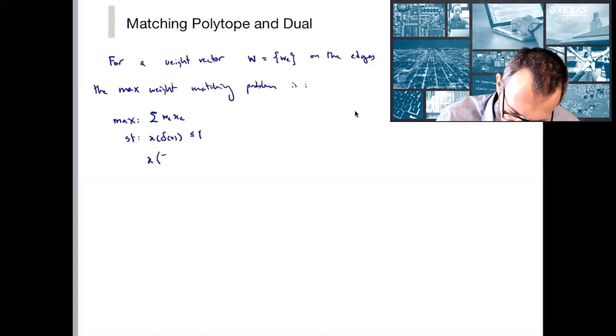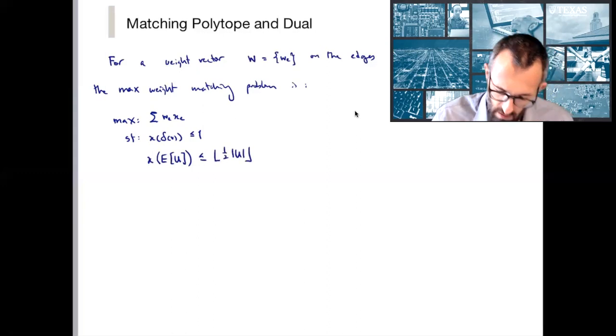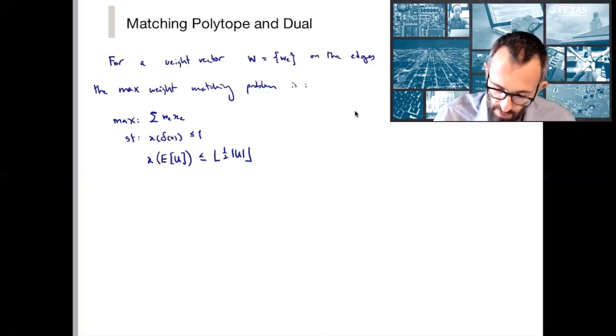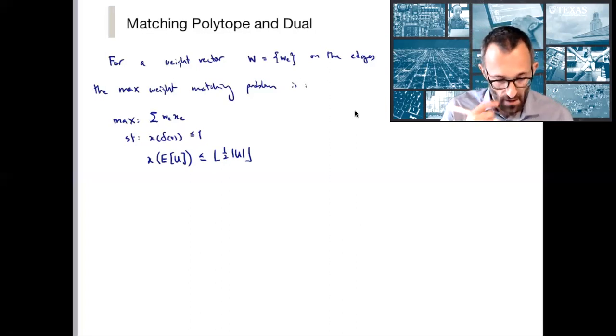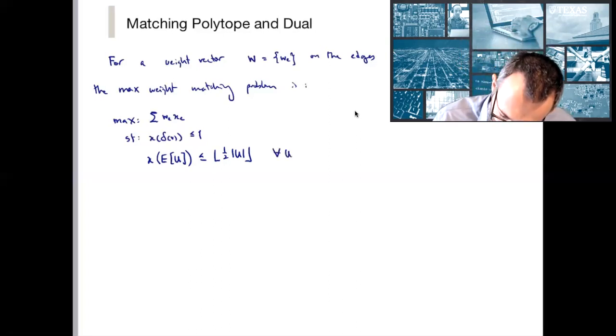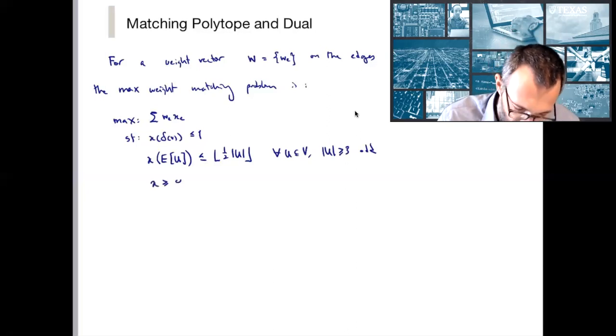And then this constraint that for any odd subset U of size greater than 3, the weight on the edges induced by that subset U of nodes has to be less than or equal to the floor of 1/2 the cardinality of U, which basically is trying to say that a matching can only select one edge of the triangle, as opposed to putting half, half, half on all three, which otherwise would satisfy the constraints which were sufficient for bipartite matching. And also non-negativity of our weights.